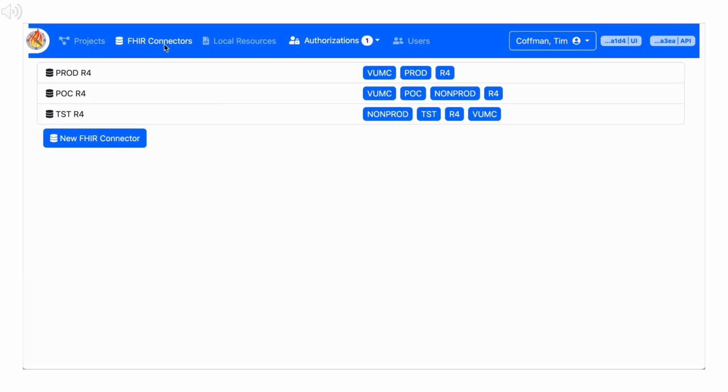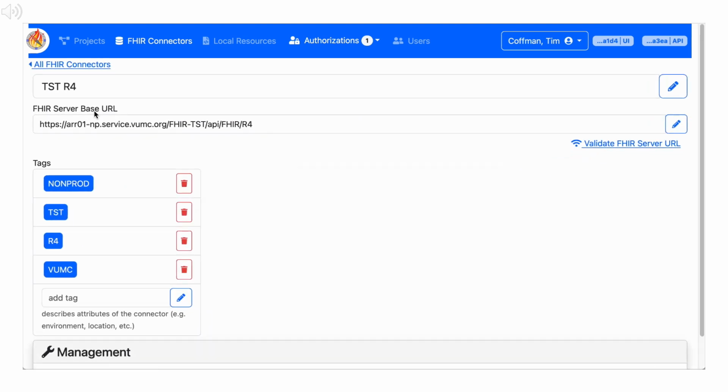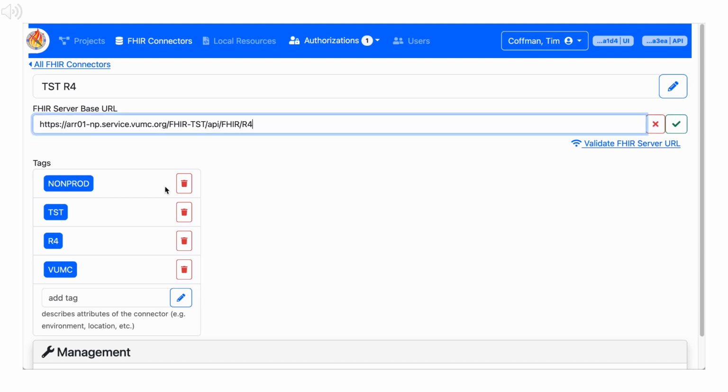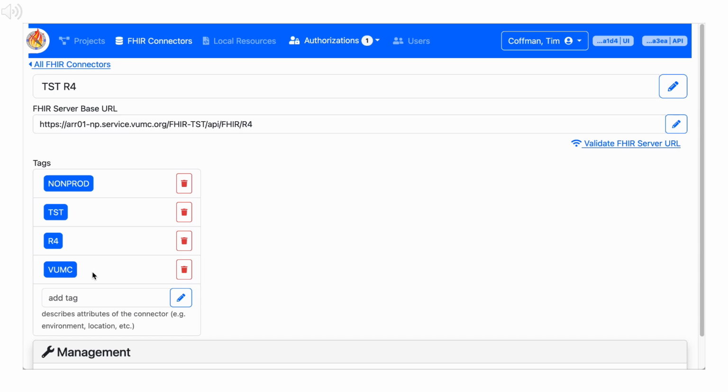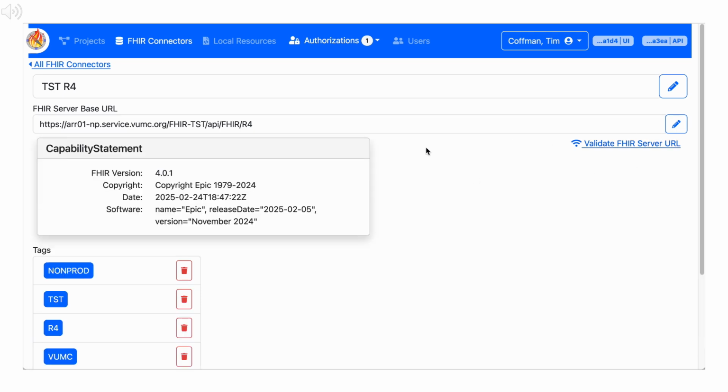Several tasks are necessary to get started with retrieving data from an EHR by FHIR. CQL Platform tries to make these easier. It maintains a persistent list of known FHIR servers. These are configured once, regardless of informatics project, by a knowledgeable administrator. Each Epic environment, such as proof of concept, TST, or production, has its own FHIR server address.